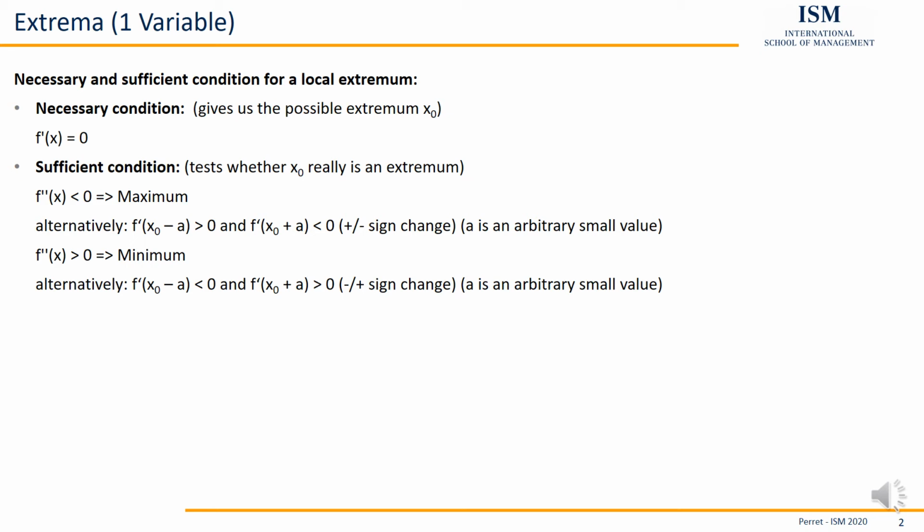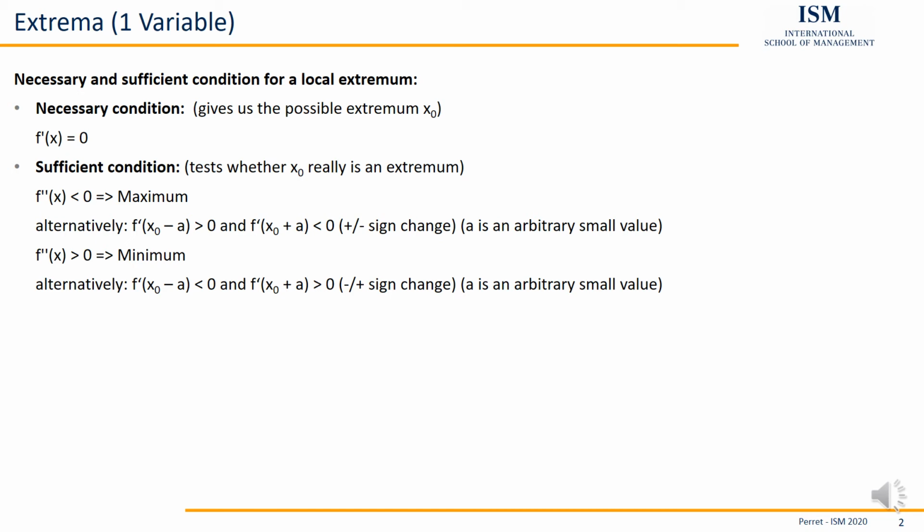Whenever we have a sign change, so if before it was positive, afterwards it's negative, or the other way around, we know we have an extremum. If there is no sign change, so if it stays the same, we actually have a saddle point.